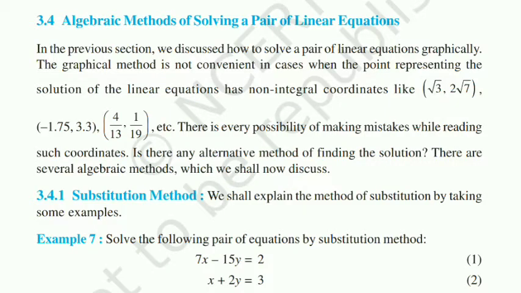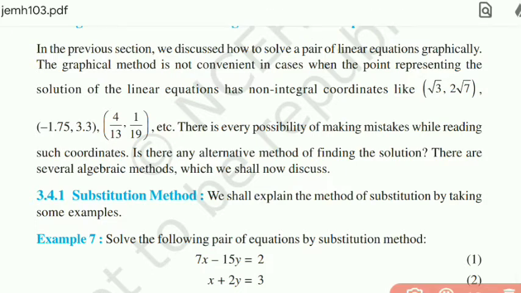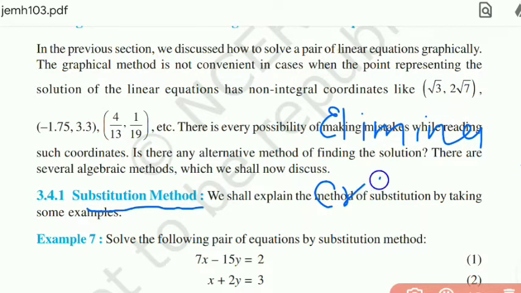Algebraic methods of solving a pair of linear equations. There are three methods to solve a pair of algebraic equations. First is the substitution method, second is the elimination method, and third is the cross multiplication method.